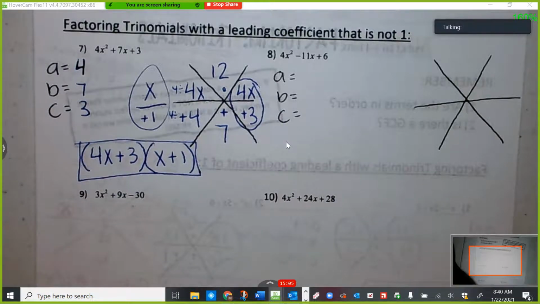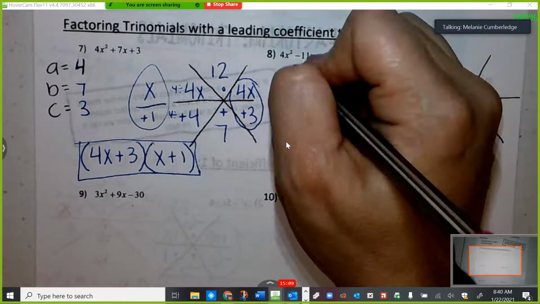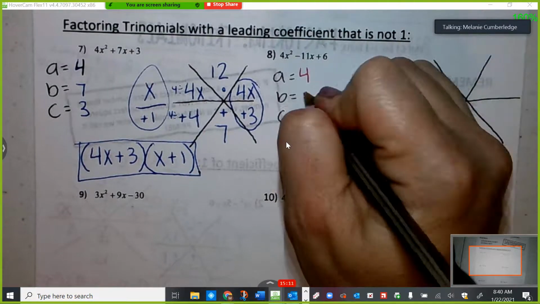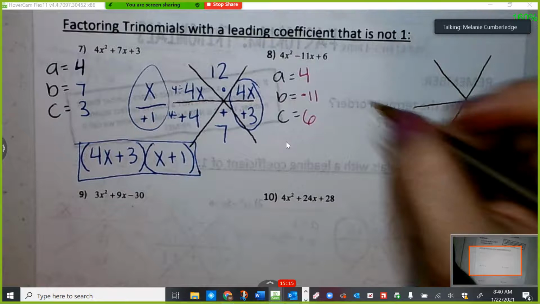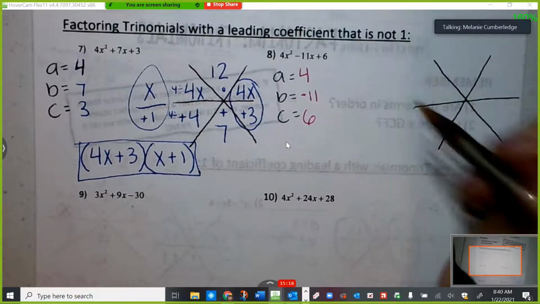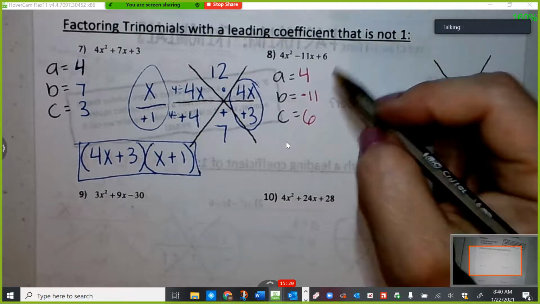Okay, so let's look at number 8. A is 4, B is negative 11, and C is 6. There is no GCF, and it is in order. 4 times 6 is what?